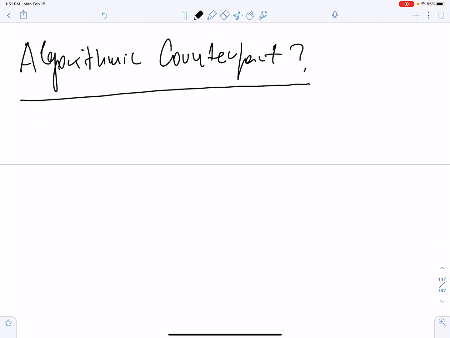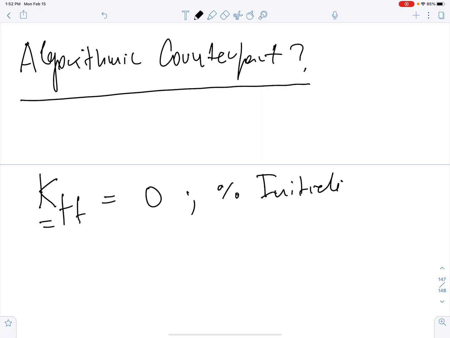Right, so the algorithmic counterpart is as follows. First, because KFF is a sum, you can imagine that you go element by element in the structure and populate the stiffness matrix, so you need to initialize it to 0. This would be the initialization part.